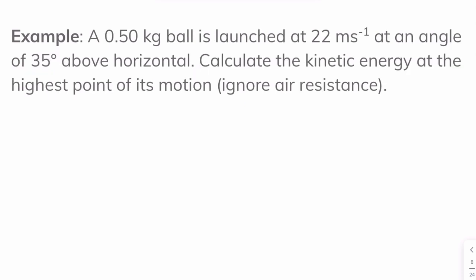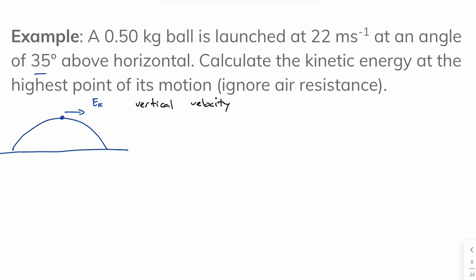Now we have a 0.5 kilo ball launched at 22 meters per second at an angle of 35 degrees above the horizontal. Calculate the kinetic energy at the highest point of its motion. We're going to ignore air resistance in this case. If an object is launched at an angle and flies through the air, it's going to take a parabolic path. It's a projectile, and they're asking us to calculate the kinetic energy at the top. What we know about projectile motion is that at the top, the vertical velocity is 0.